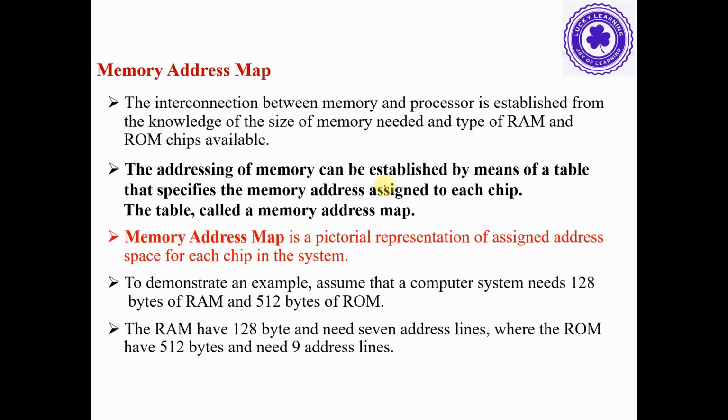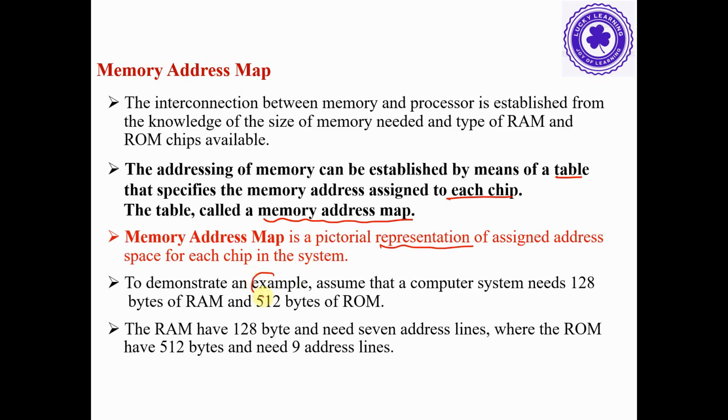The addressing of memory can be established by means of a table that specifies the memory address assigned to each chip. The table is called the memory address map. The memory address map is a pictorial representation of the assigned address space for each chip in the system.